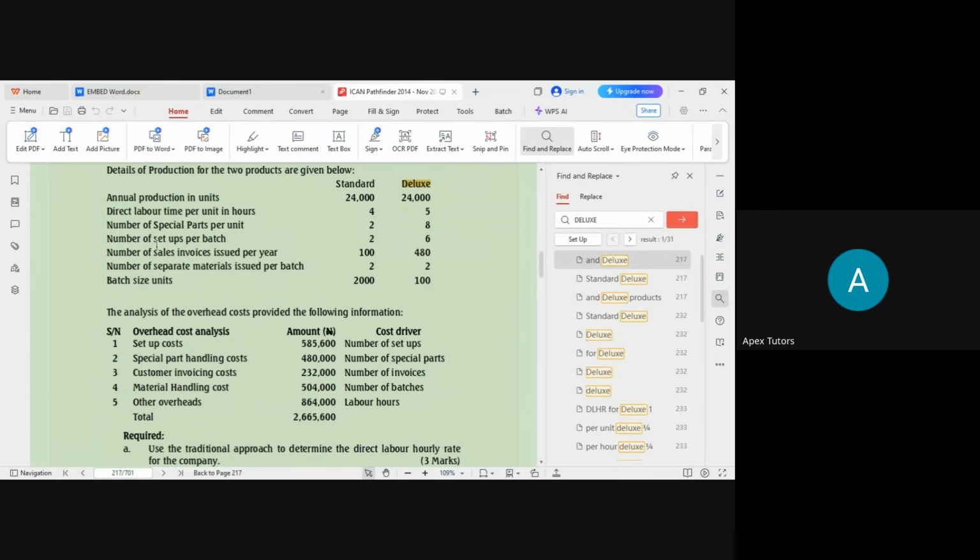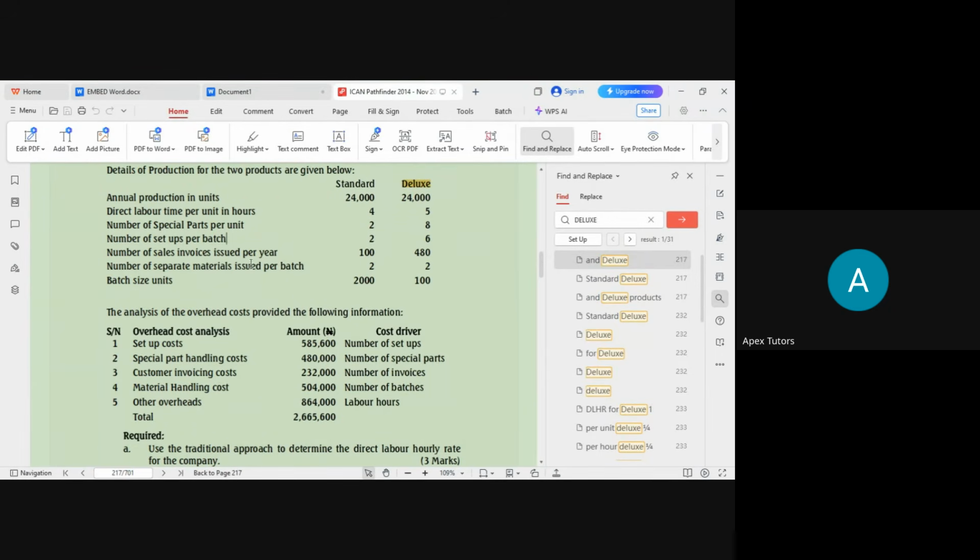See the English: number of setup per batch. It means setup is not on its own. It is the number of batches that determines the setup. So without batch, there is no setup. If per batch is not there, the working is different.